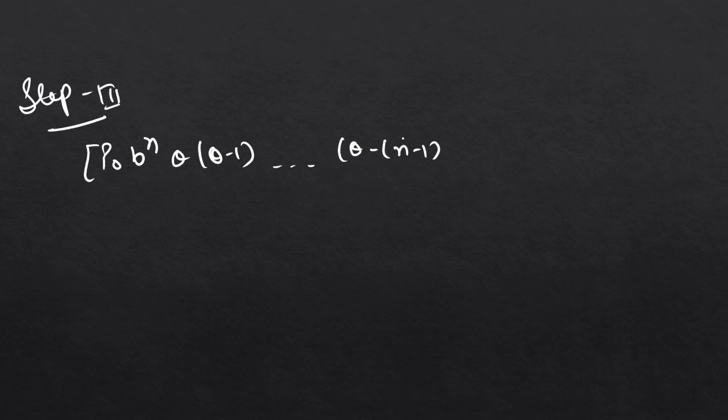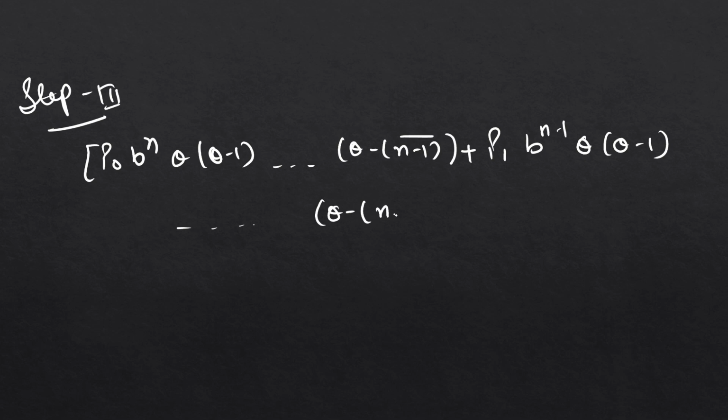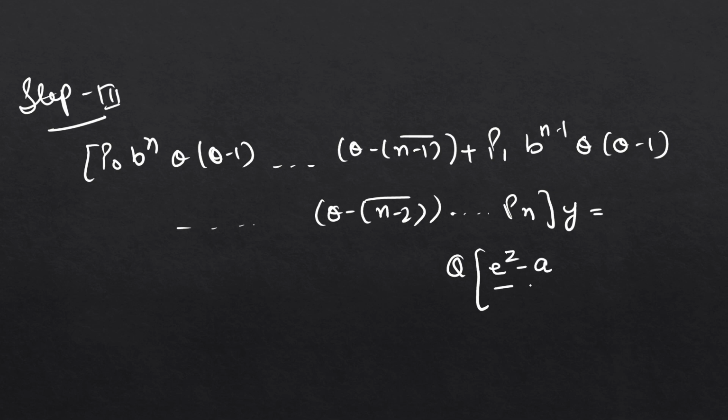Then plus P1 b raised to power n minus 1, again theta (theta minus 1), up to so on, again you will get theta minus (n minus 2). Then p n y equal to, again here x is replaced by (e raised to power z minus a) divided by b. You have to replace x in each and every place.